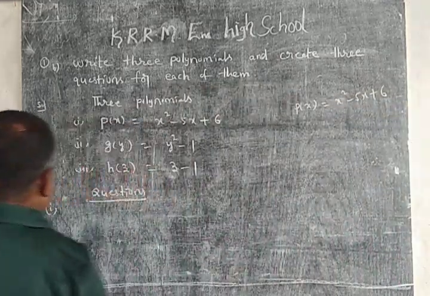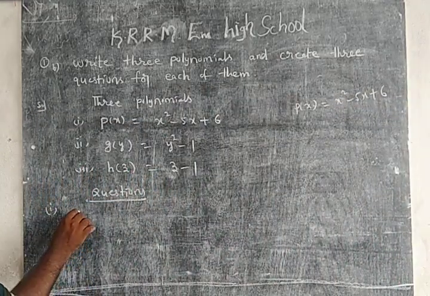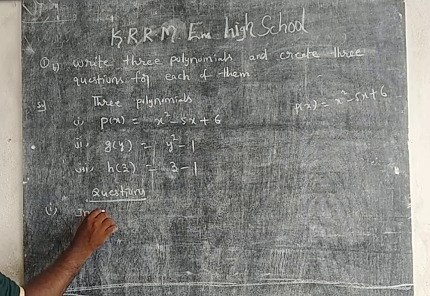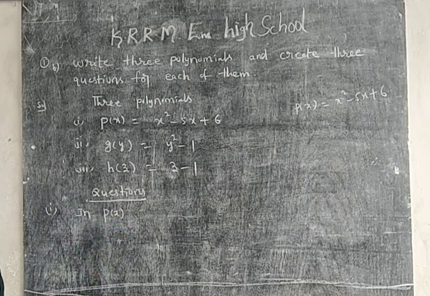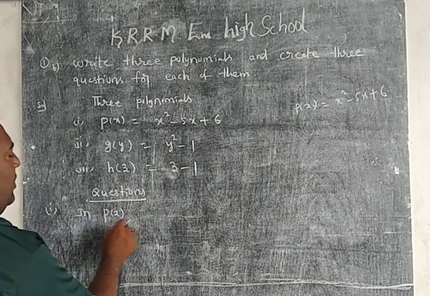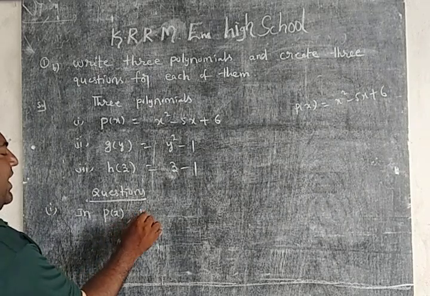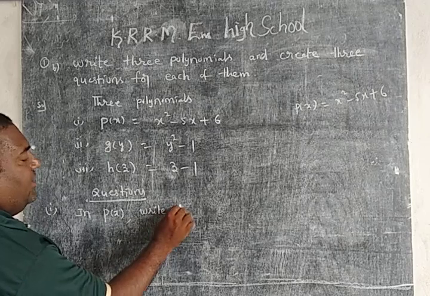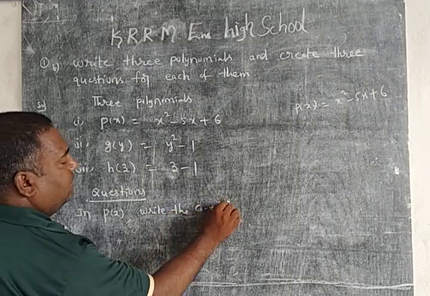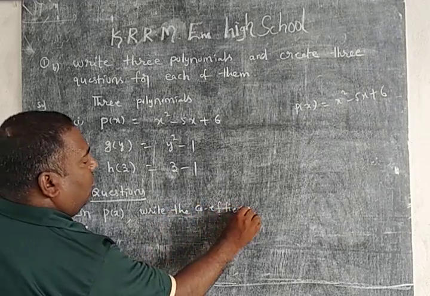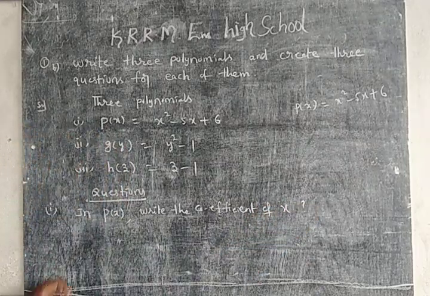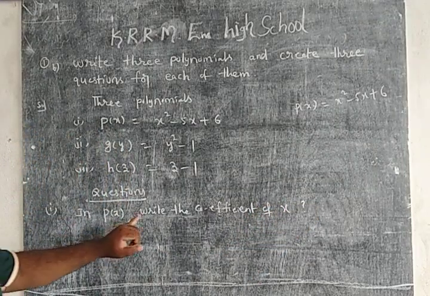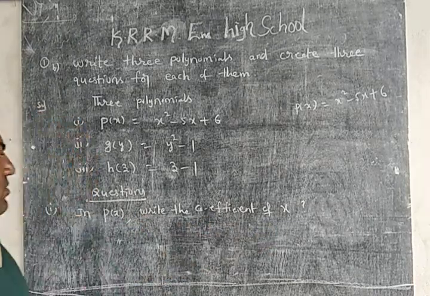First question: in polynomial p of x, write the coefficient of x.